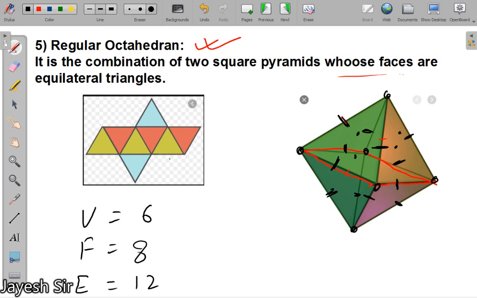Okay, तो अच्छा जी, now the thing is, these kind of polyhedron are not only limited to the math syllabus.